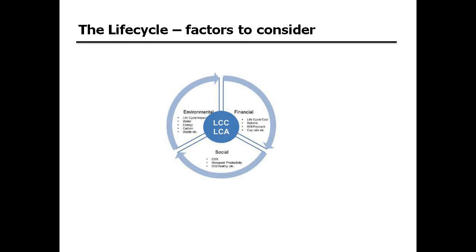In this simple life cycle cost, life cycle analysis diagram, I've put in environmental, financial and social. And so those things you need to consider then clearly the economic life, which is really the occupation of the building and how long it can actually achieve some type of return on investment. The functional life, where the building ceases to function in its same purpose for what it was originally built.